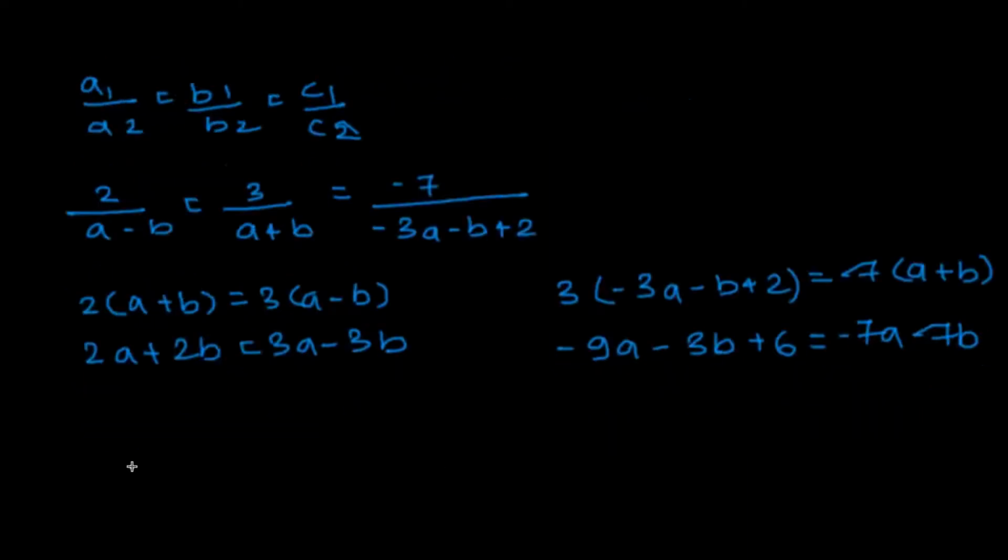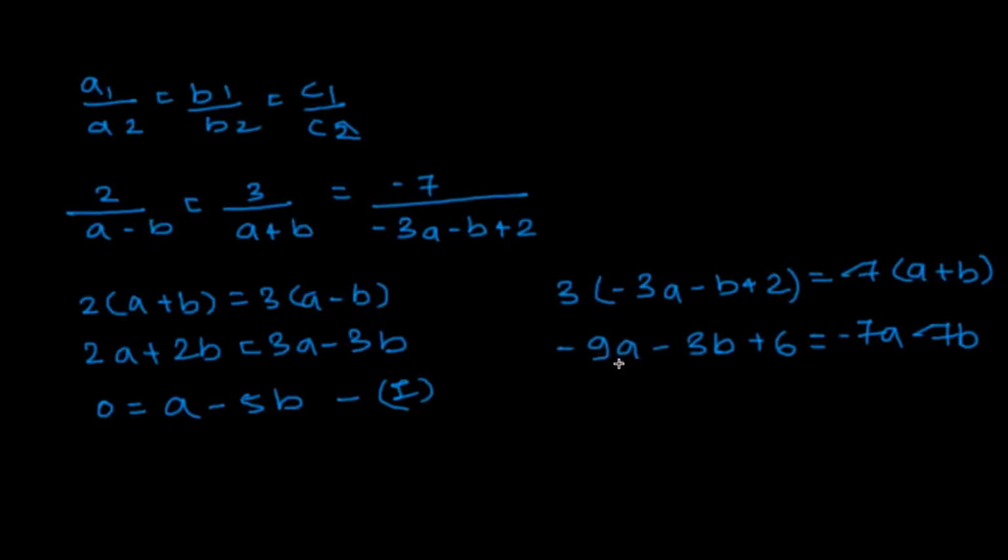Now here I can take all the LHS to the RHS. So 0 equals 3a minus 2a, which gives me a, and minus 3b minus 2b, which gives minus 5b. I'll call this my equation number 1.